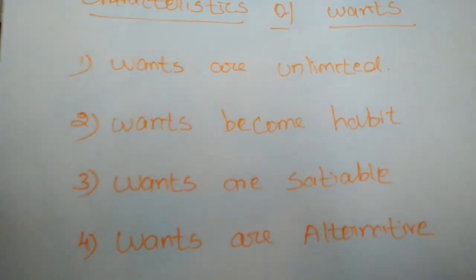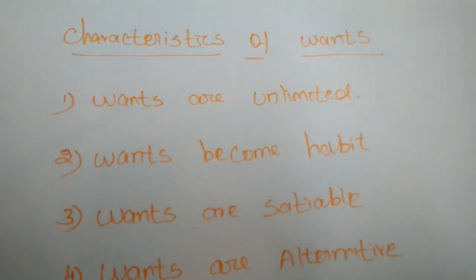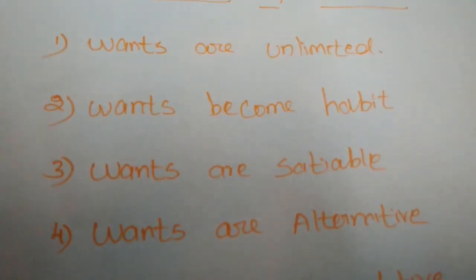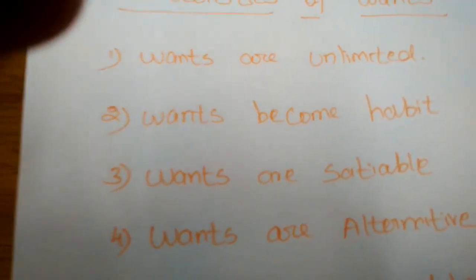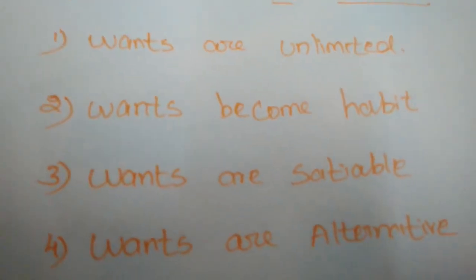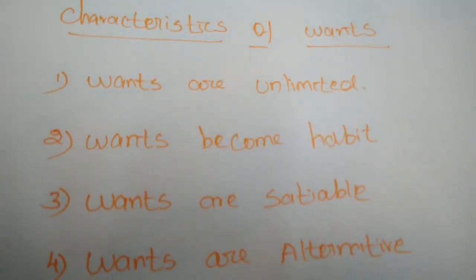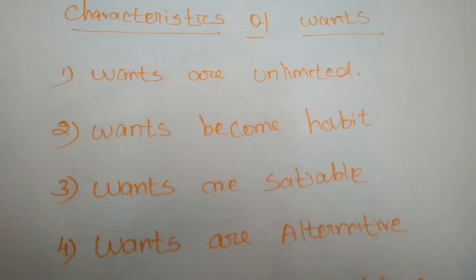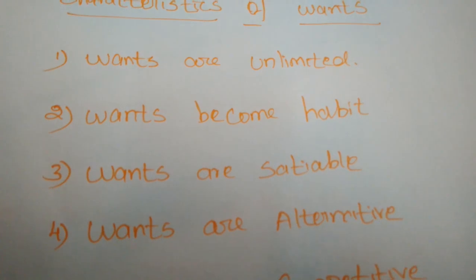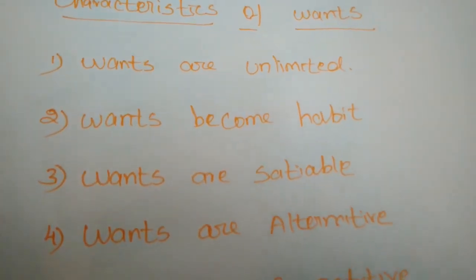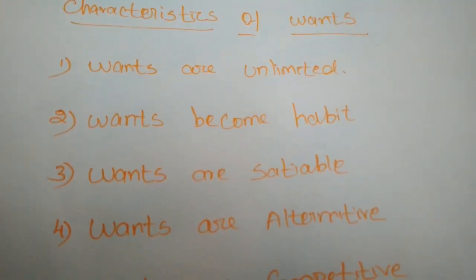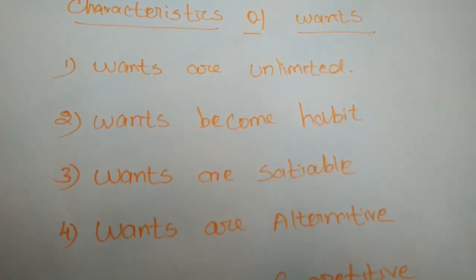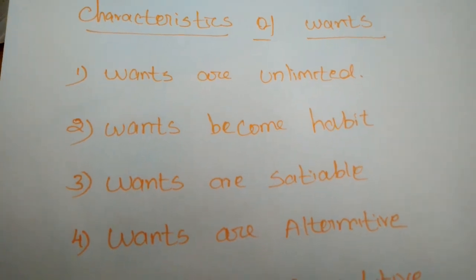And whenever industrialization develops, on the basis of increasing industrialization, new types of commodities will come to the market. And many advertisements also make us consume the new commodities. So wants are unlimited. Even after satisfying the commodities, we will get the desire to consume new commodities.